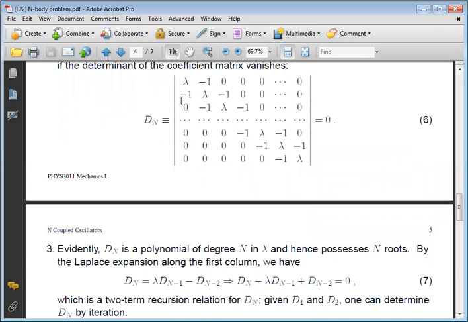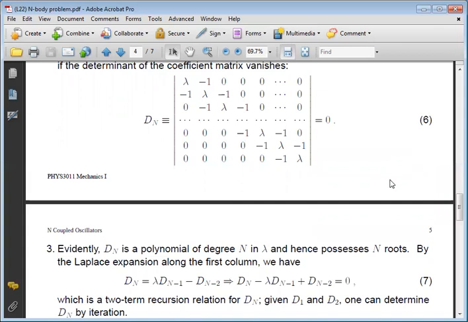The first one is lambda times the determinant Dn minus 1, and then we pick this term with a factor of minus 1 times minus 1 to the power 1 plus 2, the standard Laplace expansion. And then we have Dn minus 2.